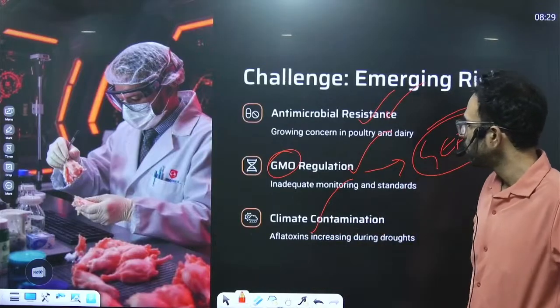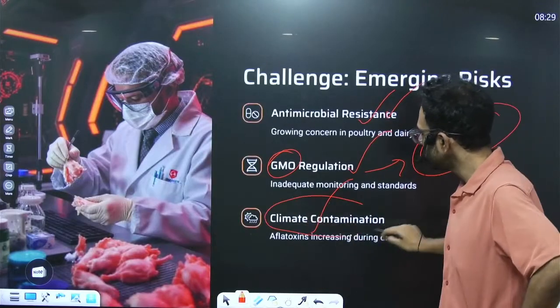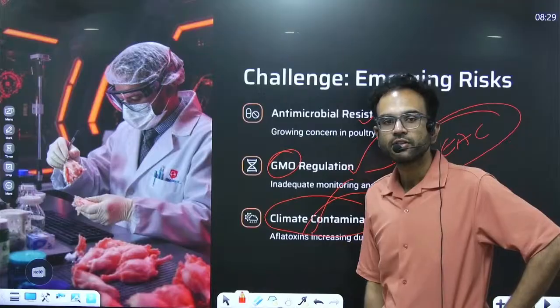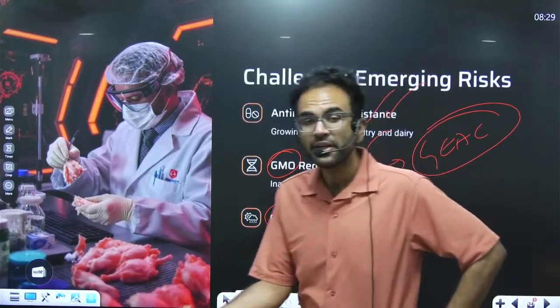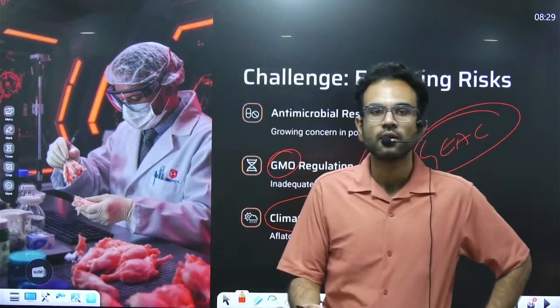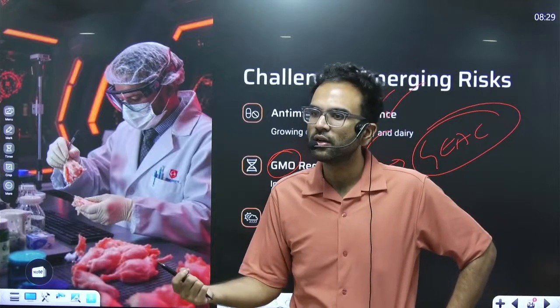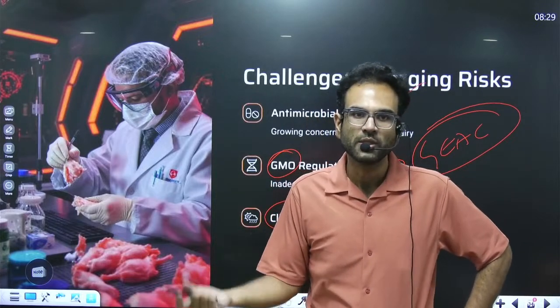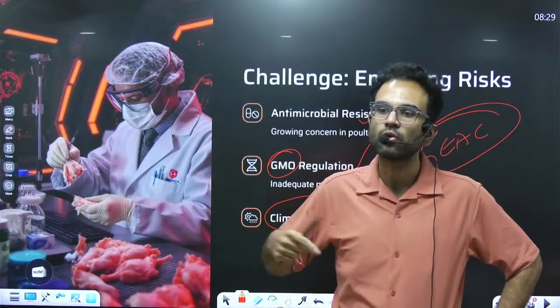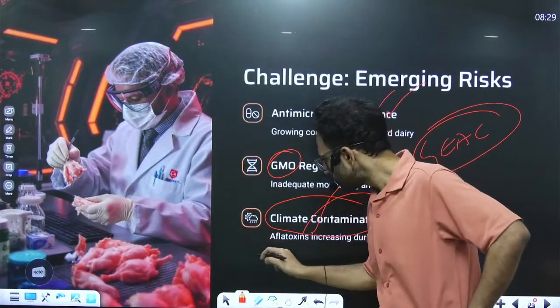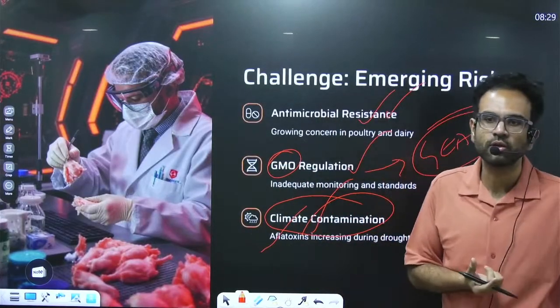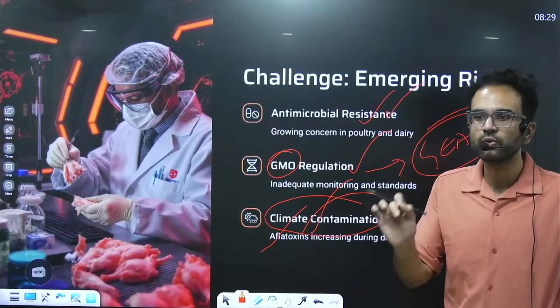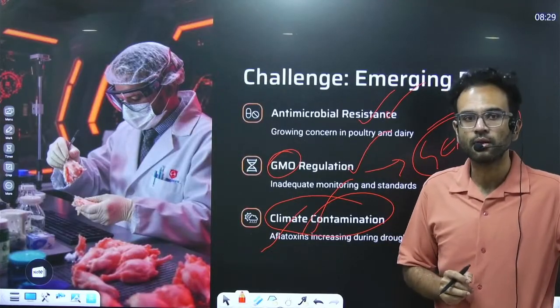And finally, climate change induced contamination. For example, climate change will make the weather much more moist at inappropriate times, which will lead to the growth of microorganisms, an example being aflatoxins, fungal growth on the food products, and the residues of those aflatoxins will remain in the product.